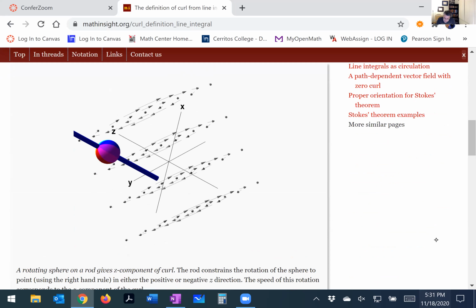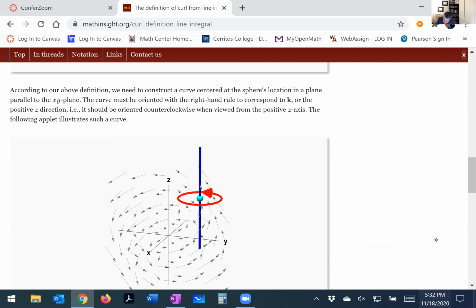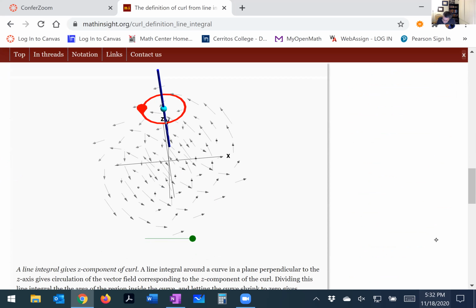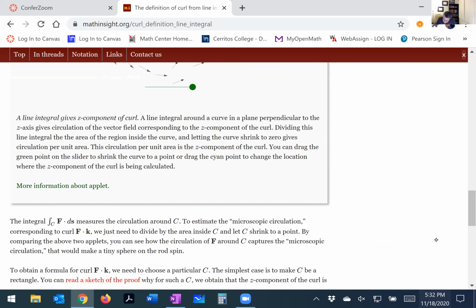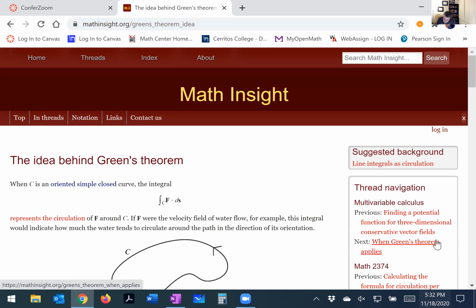So it's called Math Insight. They have these little apps. So it's like, oh, it curls around that, in this fluid, because this all comes to us from the fluid dynamics. And it gives you the idea behind Green's theorem.